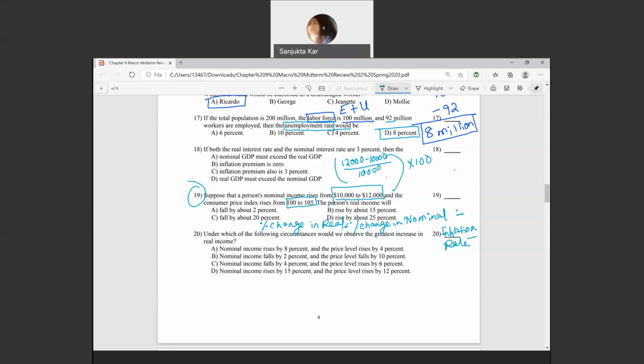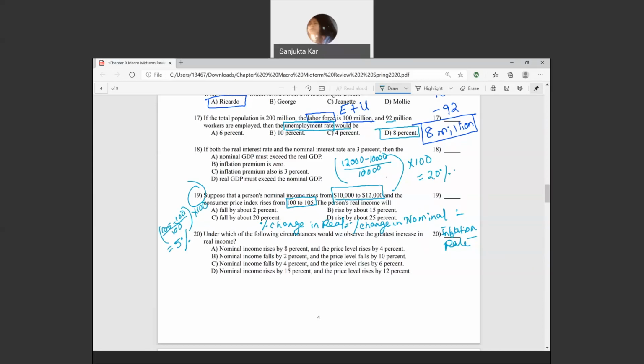This one's going to be equal to 20%. Now, the inflation rate, 100 to 105, is going to be 105 minus 100 over 100 times 100. So my inflation rate is equal to 5%. So a lot of math here.